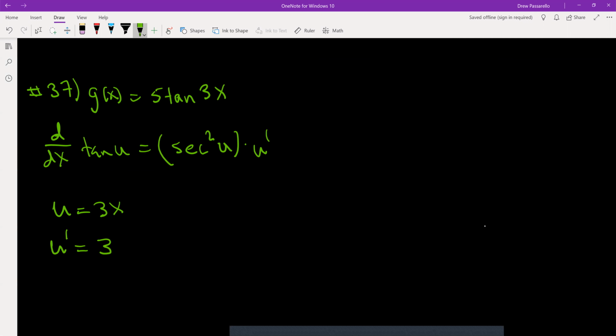So g prime of x, I factor the 5 in front and worry about the tangent piece. Focusing on that, tangent becomes secant squared of u, and then u is 3x. And then all of that times u prime, which is 3.